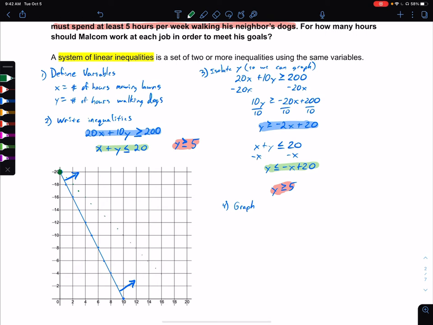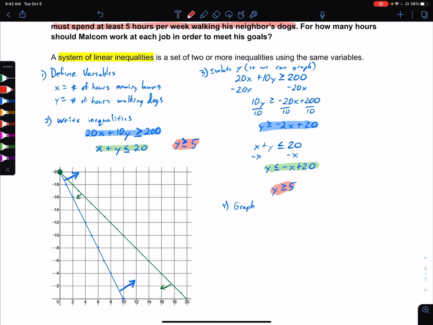It looks something like this, and the y-intercept would be at 20. So I'm going to draw my line here. The program does the work for me. There we go. And this one, we want numbers less than, so we'd actually be shading this way, on the inside, for the numbers that are less than.